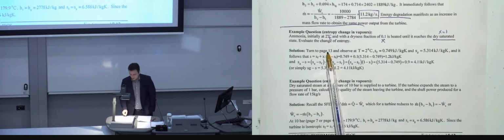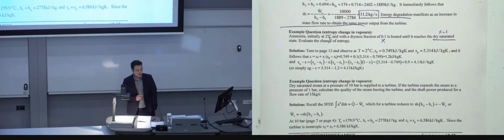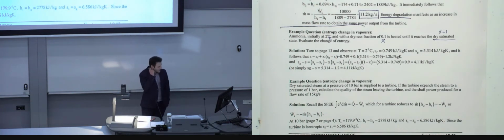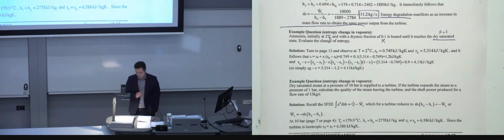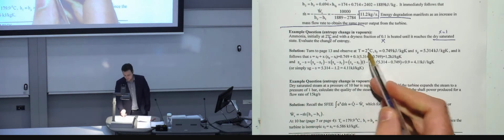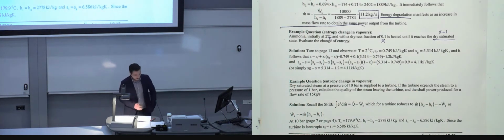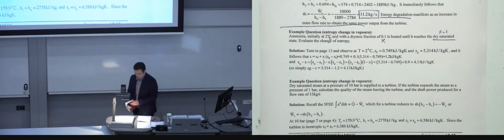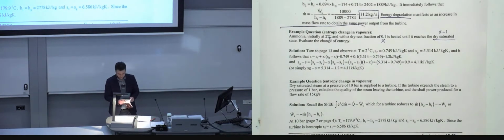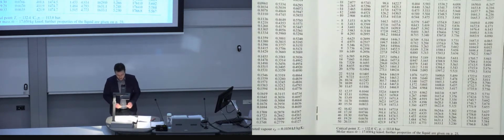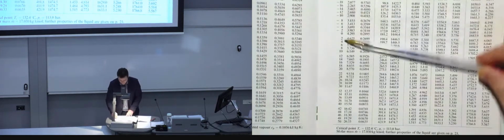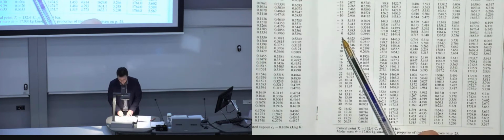If you go to page 13 in your tables, that's where the ammonia data is found. The first thing you do is look at temperature 2 Celsius. I'm just going to show you quickly because this one is simple. That's your table, and temperature 2 Celsius is here.